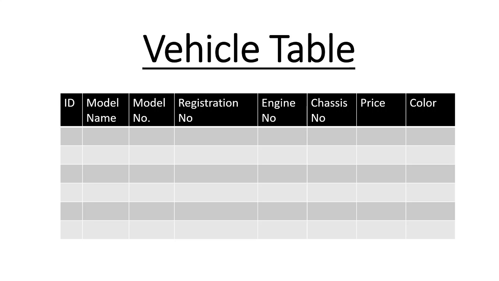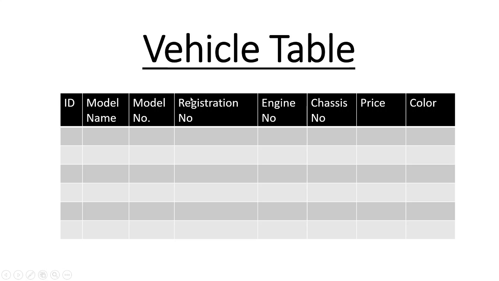For example, in real life we have elections, and in an election there are 4 to 5 candidates for one particular seat or one particular area, and out of those 4 to 5 candidates, one candidate will win the election, right? Similarly, the ID, the registration number, the engine number, and the chassis number are the candidate keys.